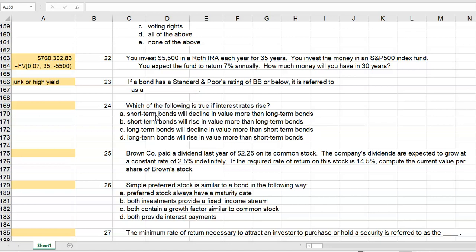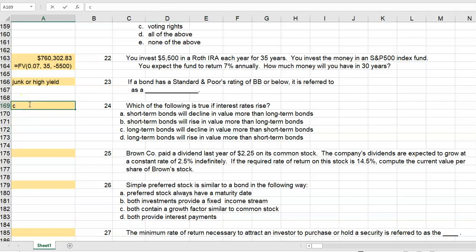How does the present value change relative to interest rates? If interest rates go up, I'm discounting, so the present value of things out in the future becomes less. And the longer I go out in the future, the more those will decline in value.